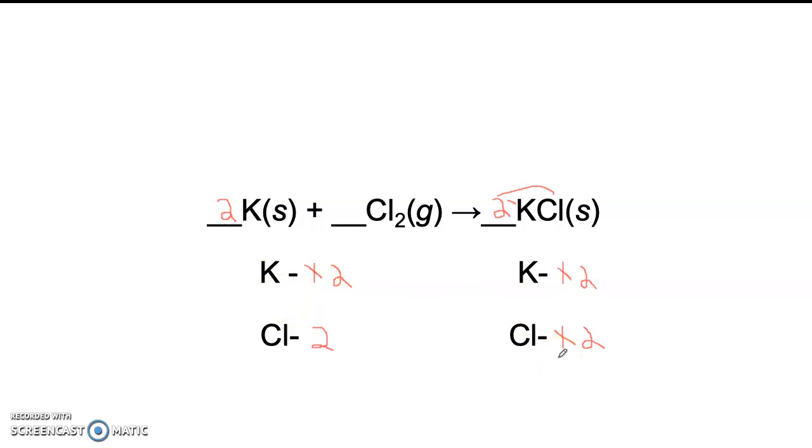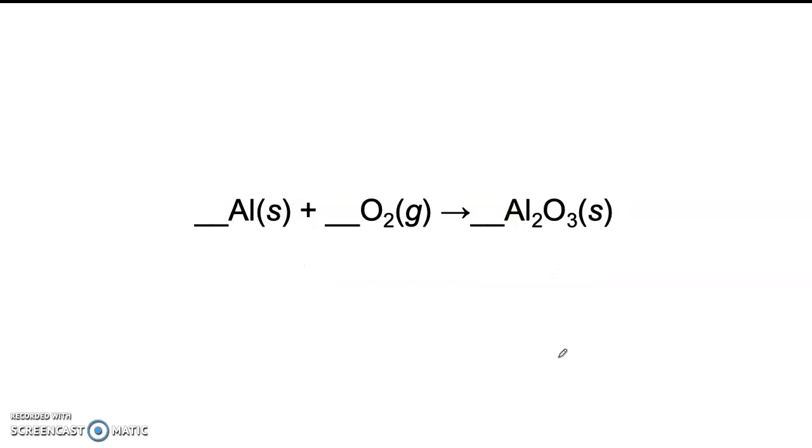Now, the next problem, let's take a look. We have aluminum plus oxygen yields aluminum oxide. So here we're going to tabulate the aluminums and oxygens. Let's go over the quantity of each element.